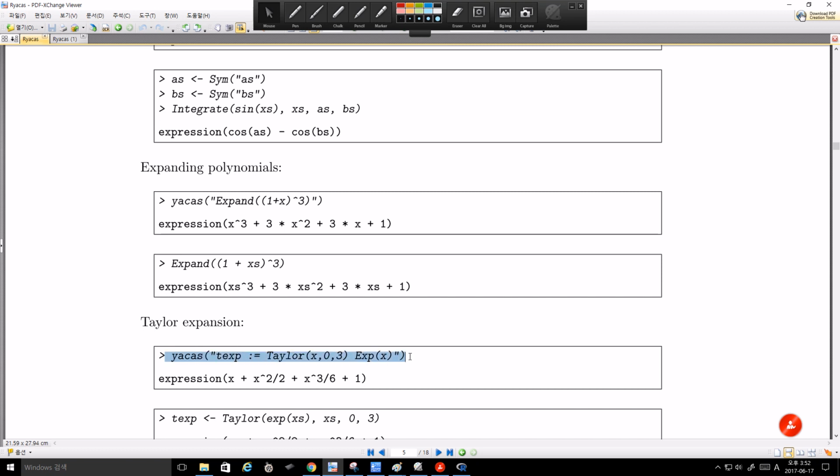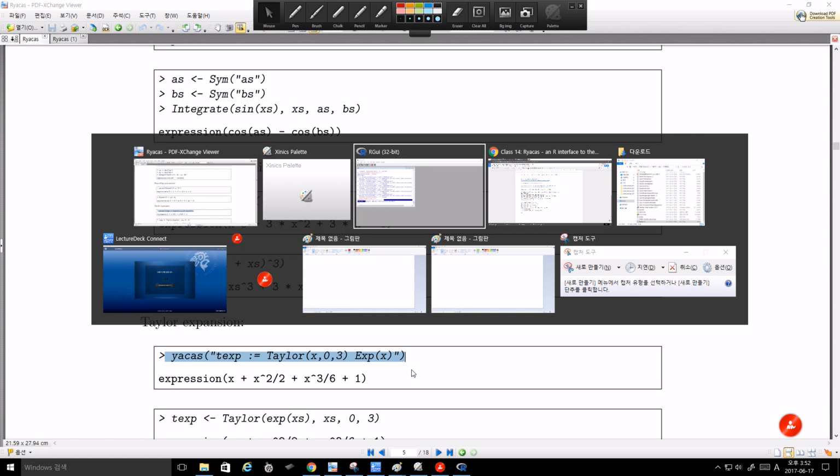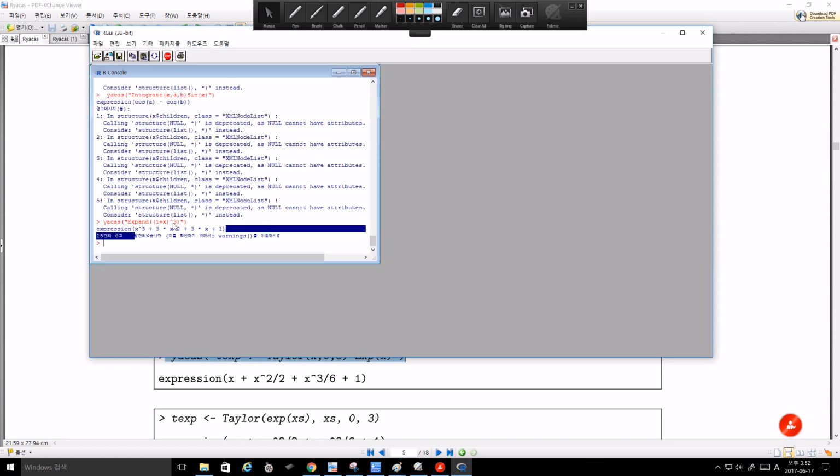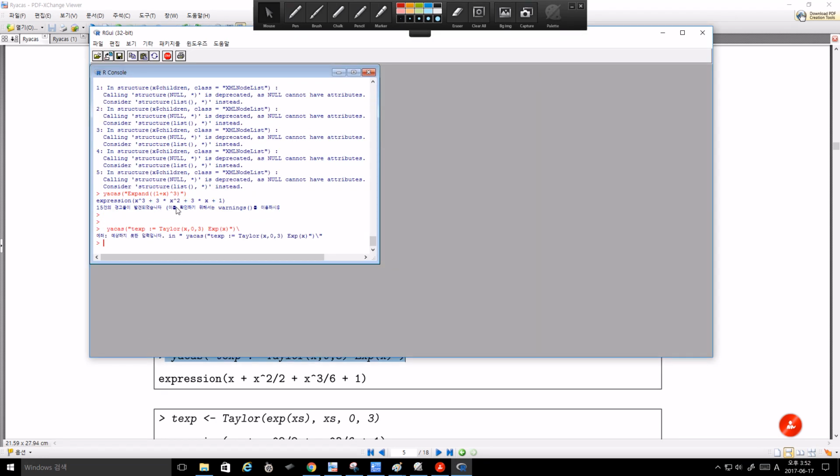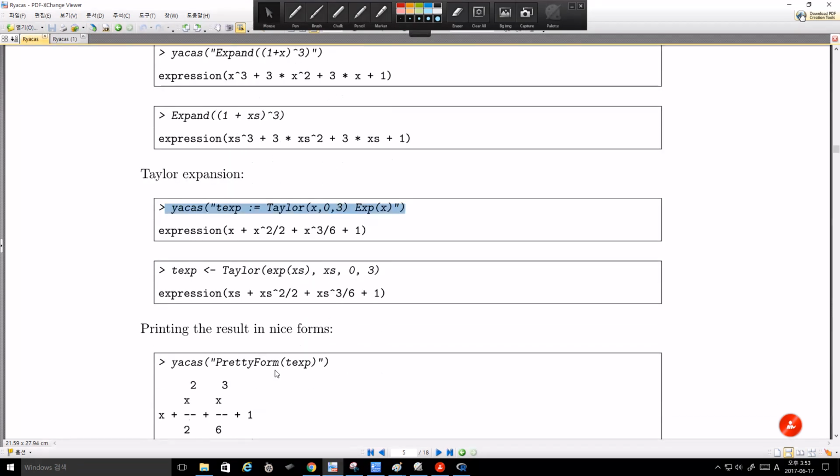Yacas TeX Taylor series expansion up to third order. Yes, we got the answer. Yeah, third order.